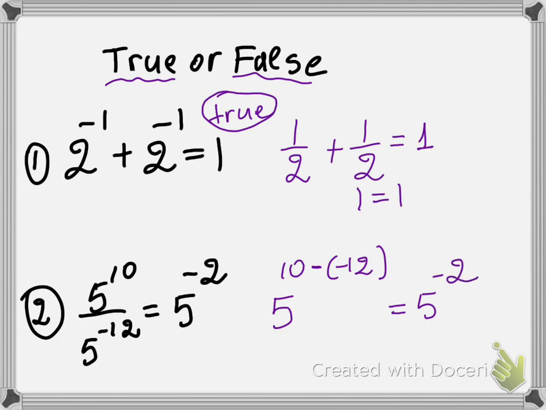The left side, 5 to the 10 minus negative 12, is the same as 10 plus 12, so 5 to the 22nd power equals 5 to the negative 2. So the left side is not equal to the right side, therefore this is not true. So the statement is false.